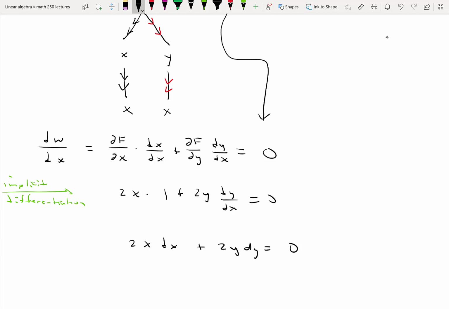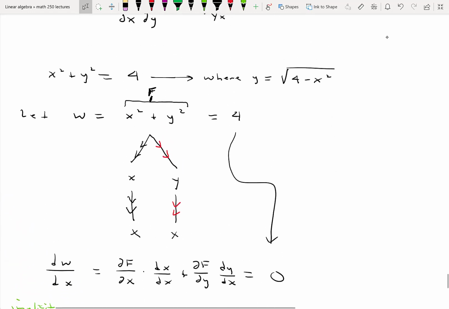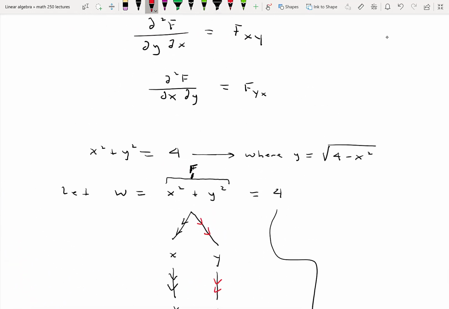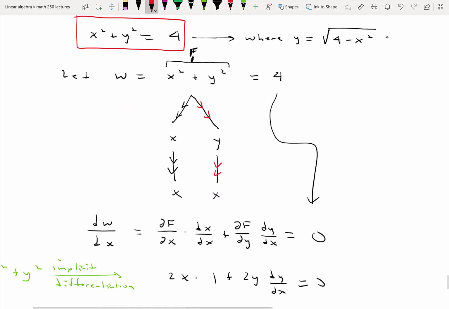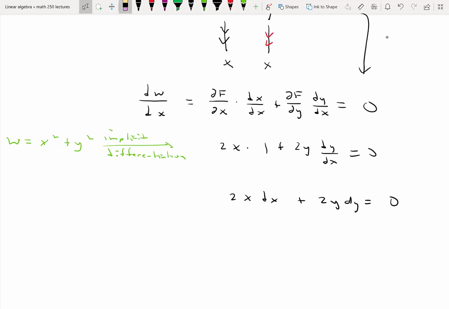Now, what happened was this. I ended up with a differential equation. I started with x squared plus y squared equals 4. I started with the solution to the differential equation, and then I derived the differential equation. Our task is to go backwards.